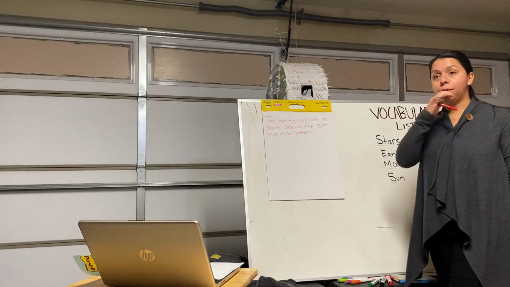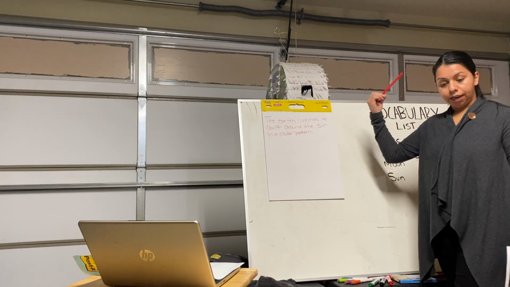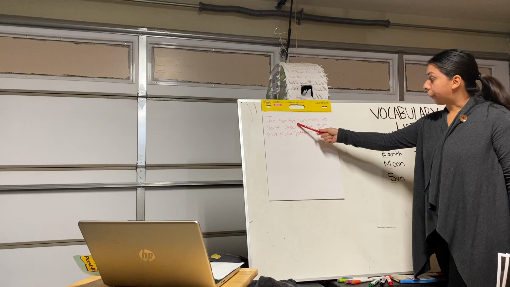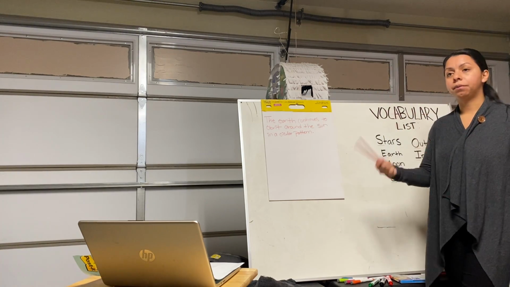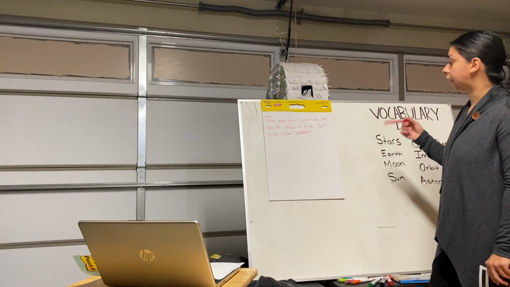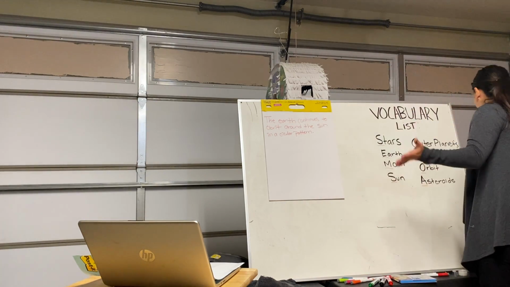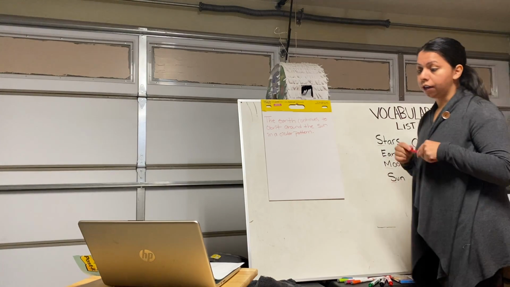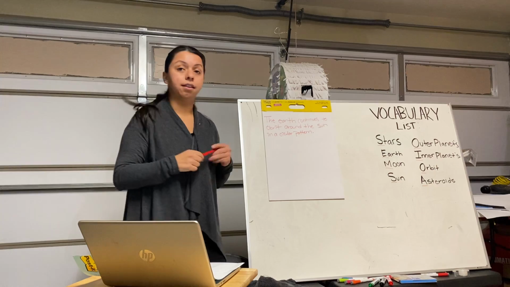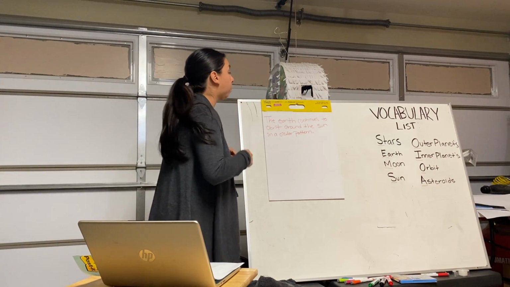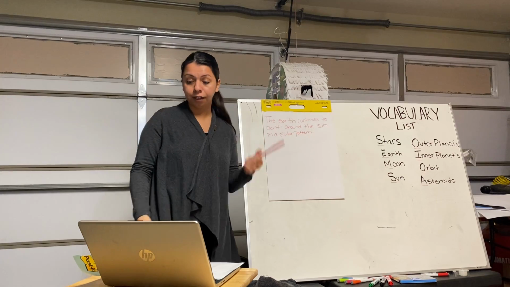Again, the orbit is the same pattern, and it goes with all the planets, with Earth, Mercury, Venus, with every planet. It continues to go around the sun in a circular pattern. Goes around and around, okay? Okay, so that's a great sentence. The Earth continues to orbit around the sun in a circular pattern, okay?